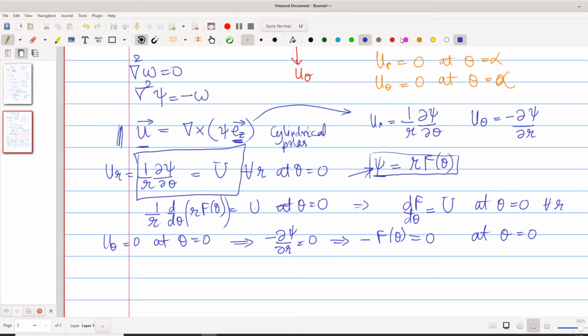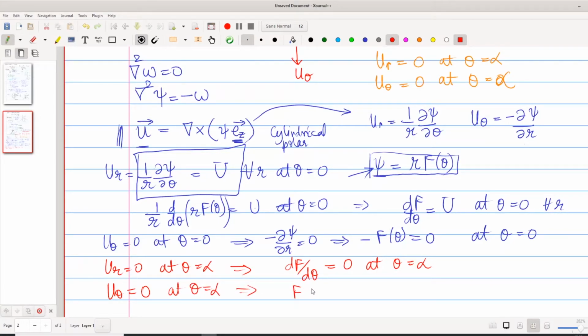Similarly, the other two boundary conditions are u_r equals 0 at theta equal to alpha, which implies df/dtheta equal to 0 at theta equals alpha, and u_theta equals 0 at theta equal to alpha, which implies f is equal to 0 at theta equal to alpha.